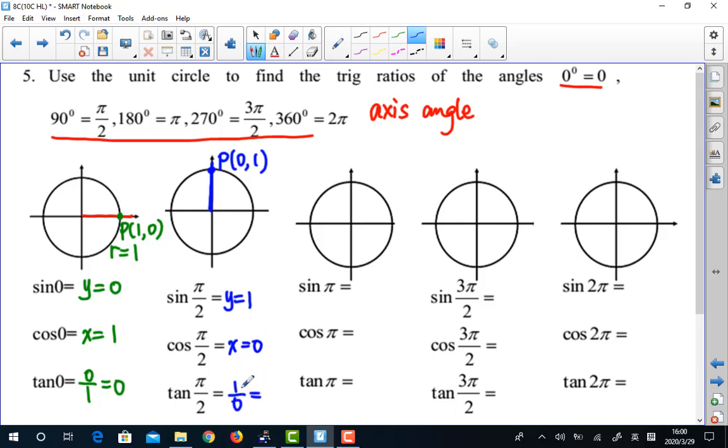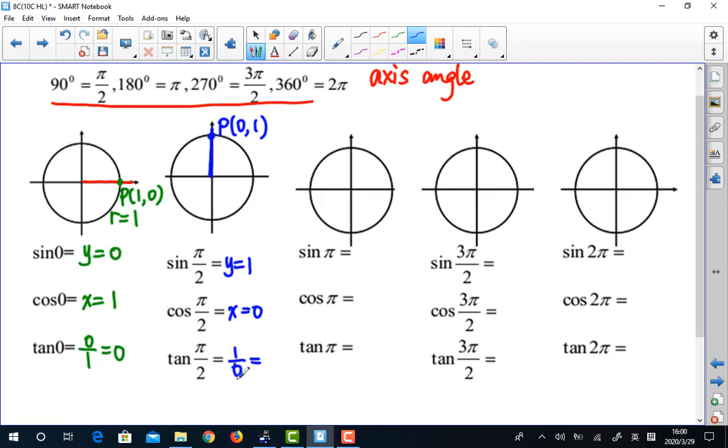But what is 1 over 0? For this fraction, we cannot have the denominator equal 0. So 1 over 0 is called undefined. Undefined has many letters and a long spelling, so we will use a symbol. We put an O or 0, then we put a slash on this O or 0. So it's called undefined. This symbol is also called the null set in set theory.